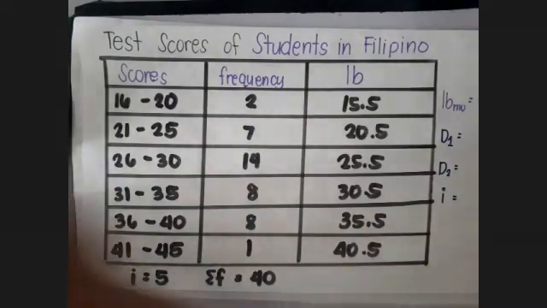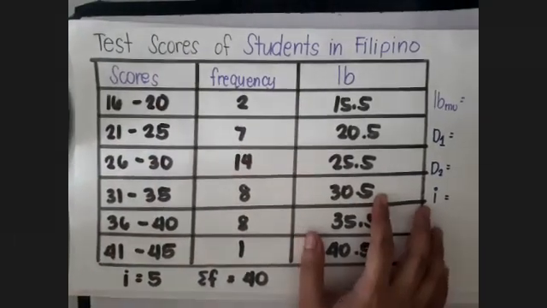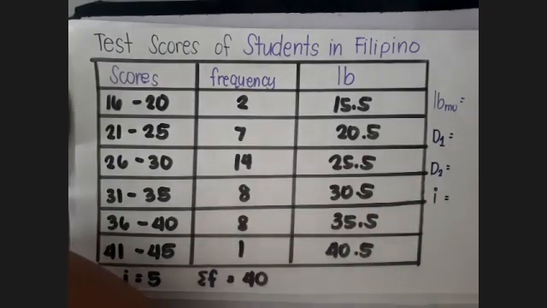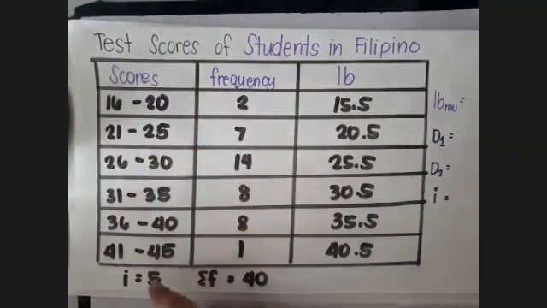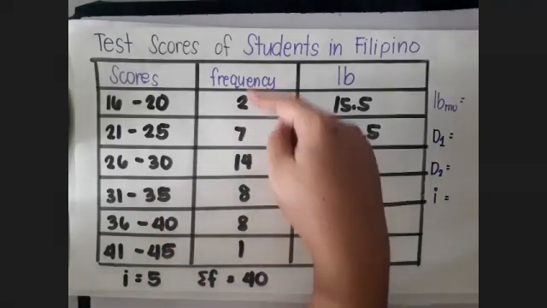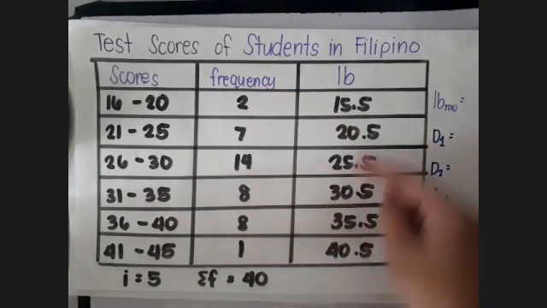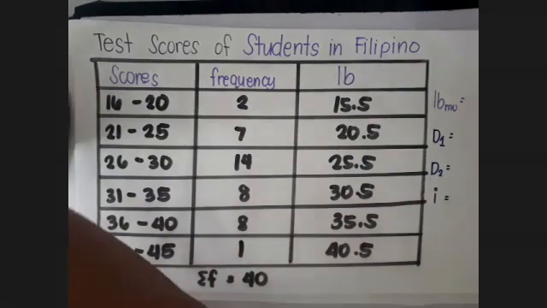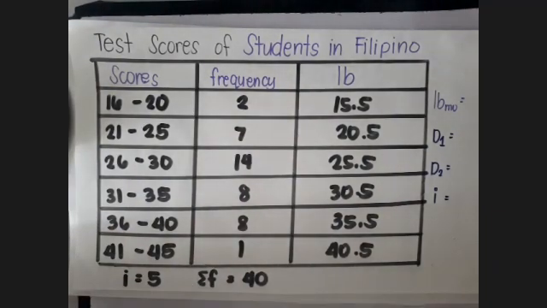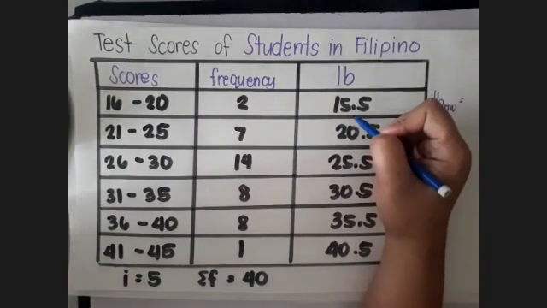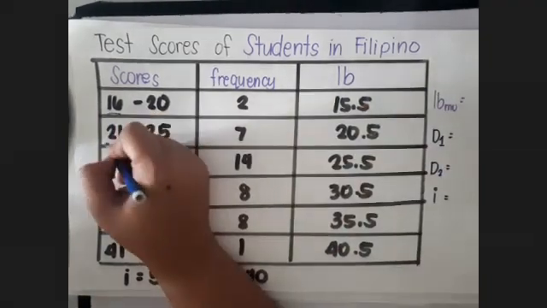So, let's say, for example, we have here test scores of students in Filipino. So, I already have the classes or the class scores plus the frequency and yung lower boundary. O baka nakakalimutan ng iba, yung pagka-compute ng lower boundary dito yung nakikita sa LB.